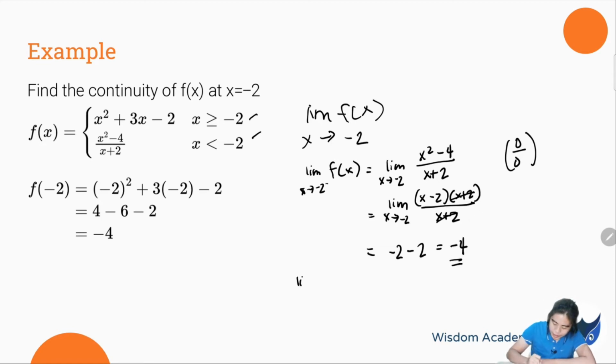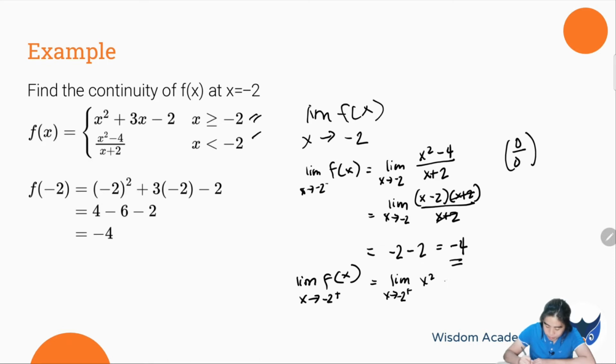Now, for the limit of f of x as x approaches negative 2 from the right, we will use this one. The limit as x approaches negative 2 from the right of x squared plus 3x minus 2. Substituting, negative 2 squared plus 3 times negative 2 minus 2 will be equal to negative 4 as well.